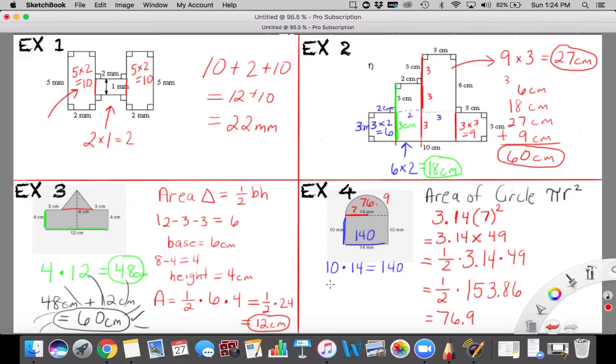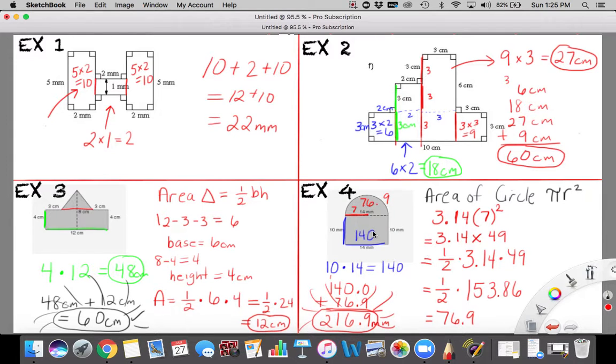We're going to add those together, 140 plus 76.9. Let's make that 140 a decimal. All right, so we get 9, 6, and then 11, carry the 1, 21. So 216.9, and that would be millimeters, is the area of this composite figure right here.